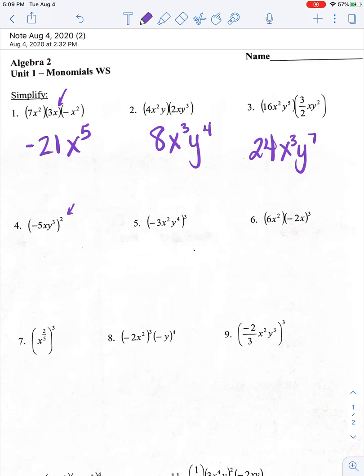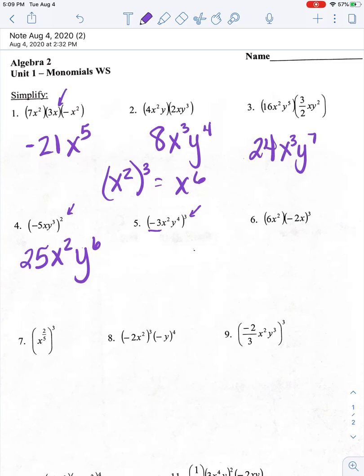This is a -5 squared with a power on the outside, so that's -5 times -5, which is a positive 25. And when you have a power to a power, like if I had x squared cubed, then I multiply my exponents. So this is going to be x to the 2 because it's 1 times 2, and y to the 6 because it's 3 times 2.